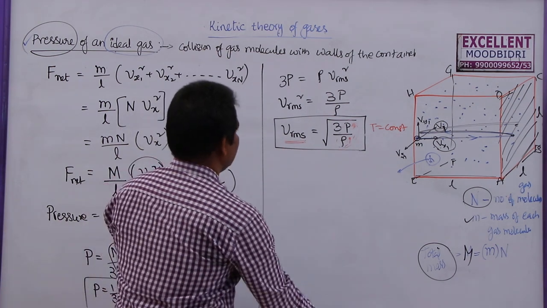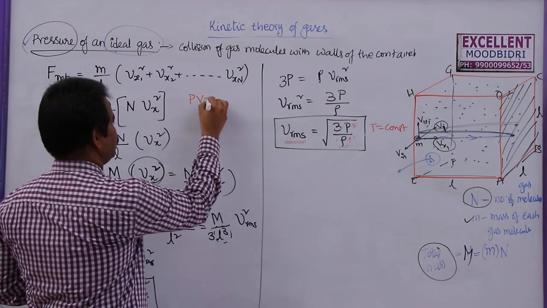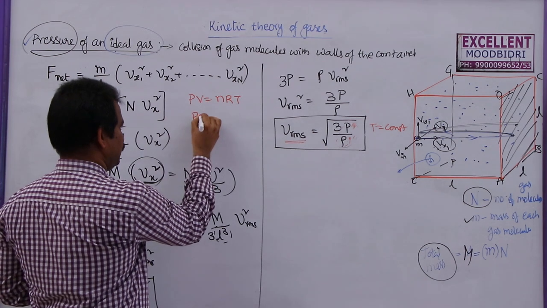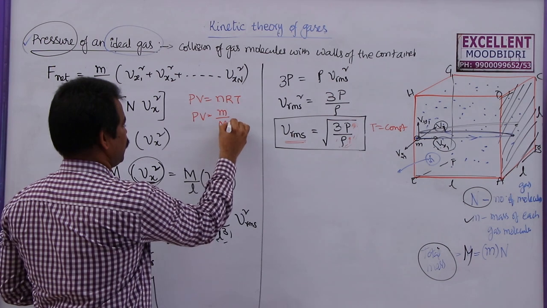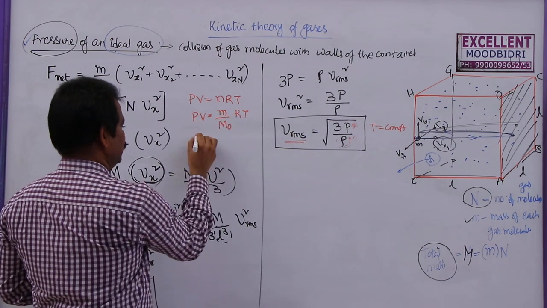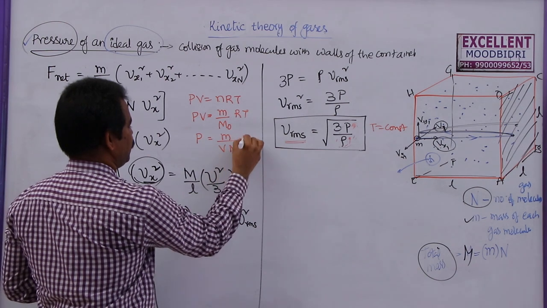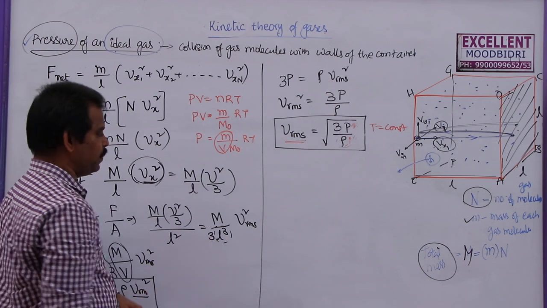Here we know that from the ideal gas equation, PV is equal to nRT. In place of n, this is mass by gram molecular weight, into RT. So P is equal to M by V, M naught RT. This mass by volume is density.